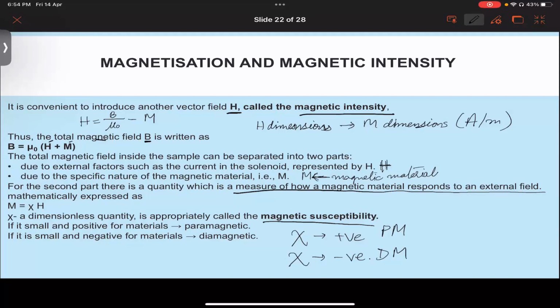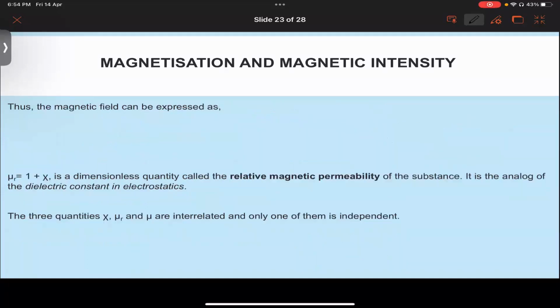So we can say that the magnetic field produced due to, suppose, a bar magnet is going to depend on the magnetic intensity as well as the magnetization of the material that we are using.